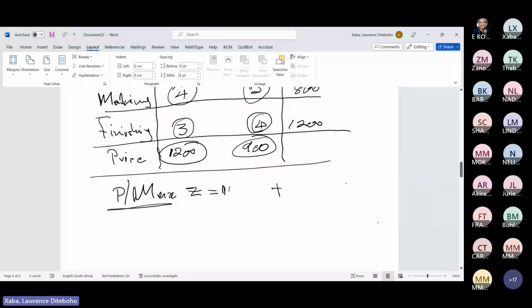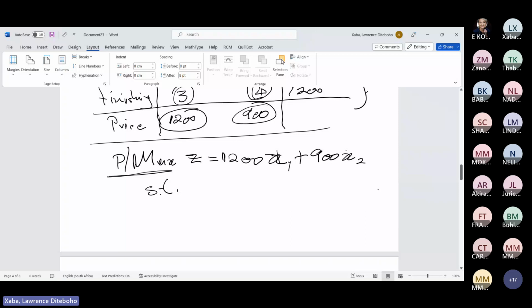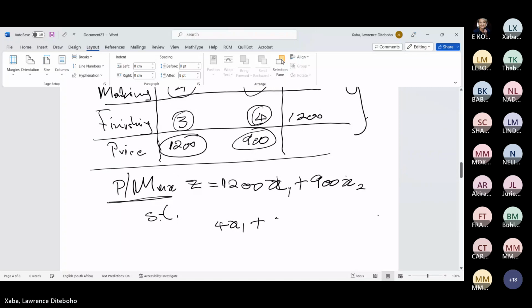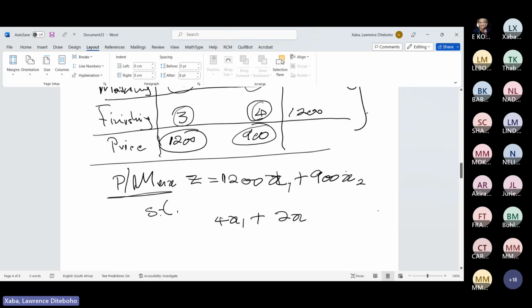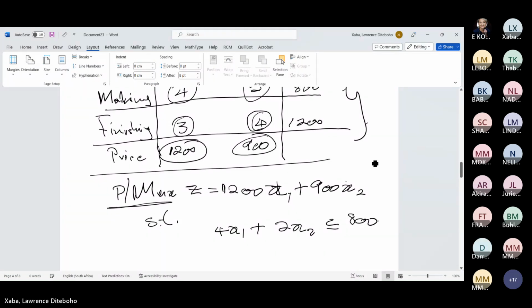So we have 1,200 x1 plus 900 x2 subjected to the following constraints. So this is our constraints. Our constraint is going to be 4x1 plus 2x2, which is less or equals to 800.